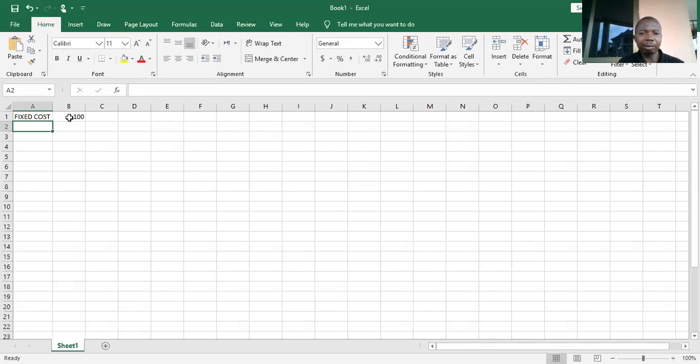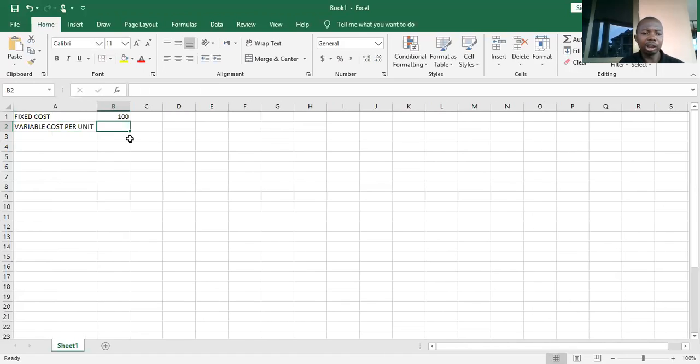So that 100 becomes my fixed cost. Then to sell each unit of a mobile phone, I will incur a variable cost per unit, and this variable cost per unit is, let's say, 1. I will have to incur an additional 1 cedi to sell 1 unit of mobile phone.